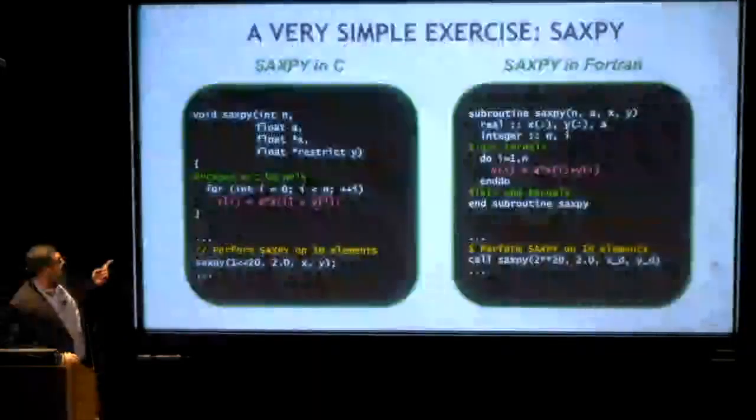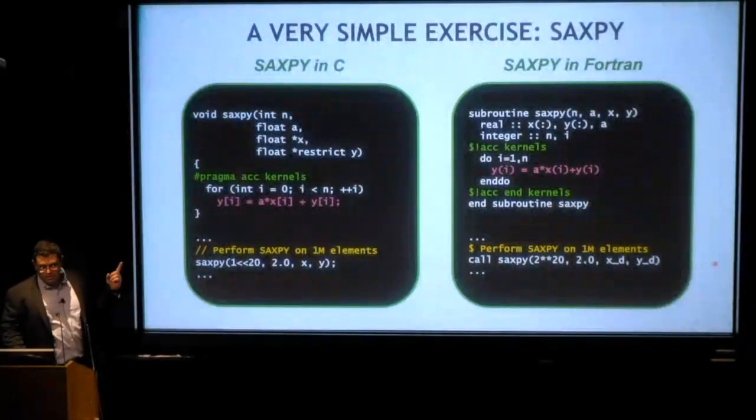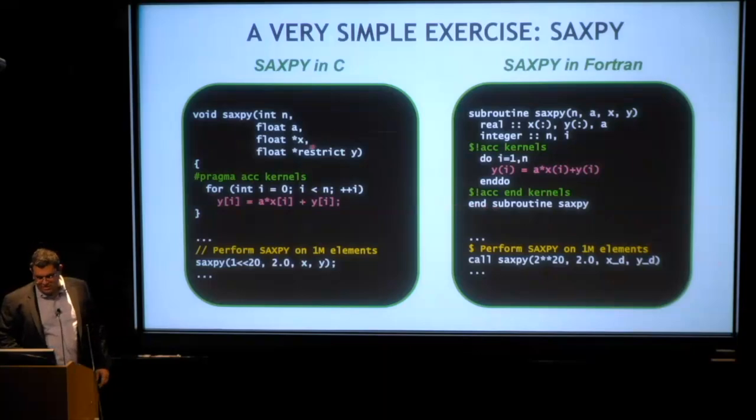So looking at that SAXPY example again, here's SAXPY in C, where you're seeing there's your A times X plus Y. And here's that pragma ACC kernels bound with those braces here. And we're basically telling the compiler that we want to parallelize this loop because we can compute all of these calculations in parallel.